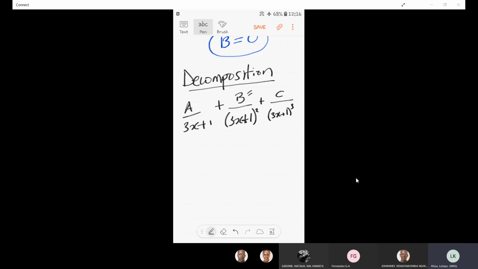So remember, B is 0, A I got 1, and C I got 1. So my final answer is just 1 over 3x plus 1 plus 1 over 3x plus 1 to the power of 3.